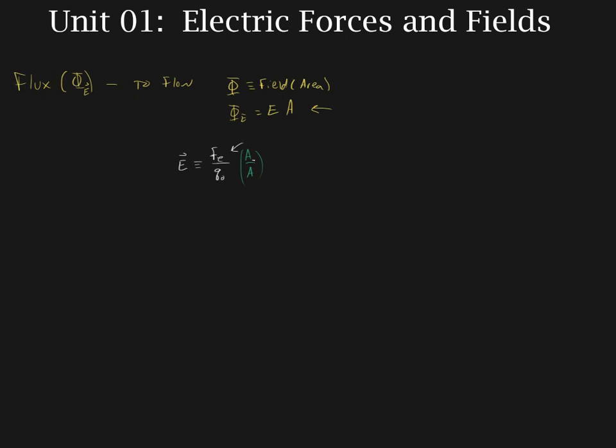If I do that and I move one of these A's to the other side, then we get E times A is equal to the electric force times the area divided by q naught. And E times A is how we defined flux. So we could just say that flux is equal to Fe times A over q naught.